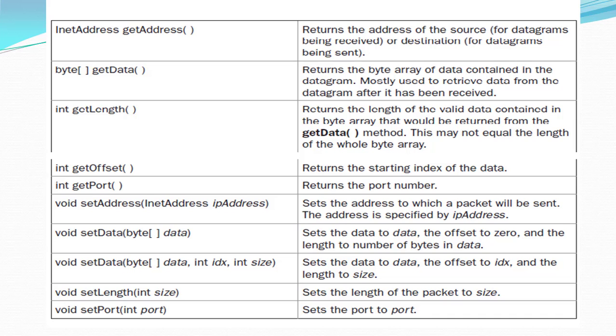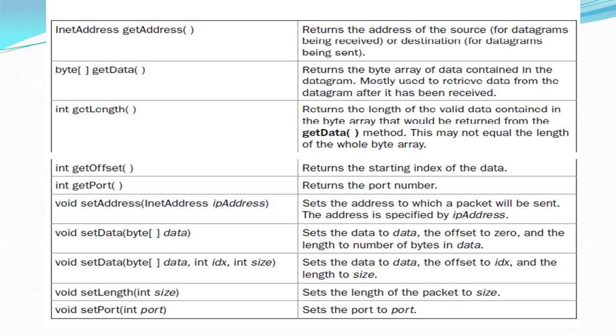The address is specified by ipAddress. void setData(byte[] data) sets the data to data, the offset to 0 and the length to the number of bytes in the data. void setData(byte[] data, int idx, int size) sets the data to data, the offset to idx and the length to size.